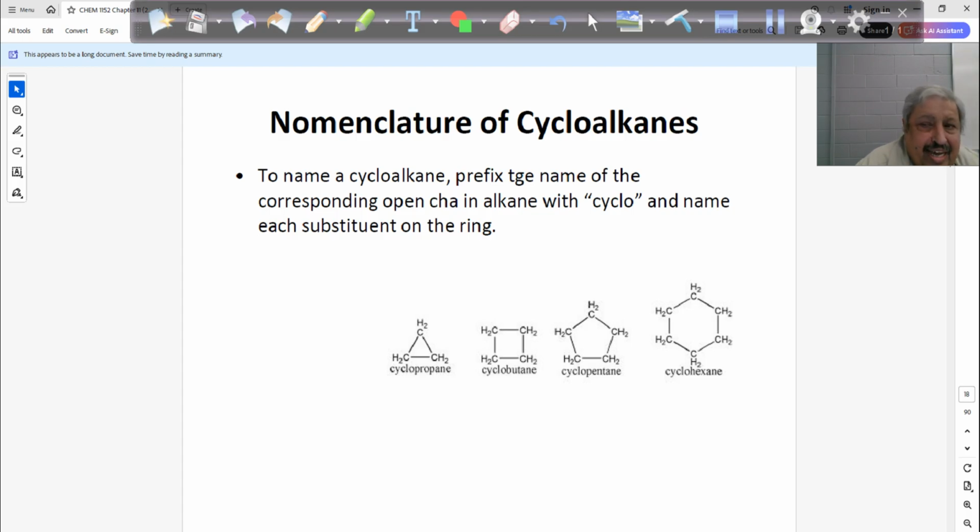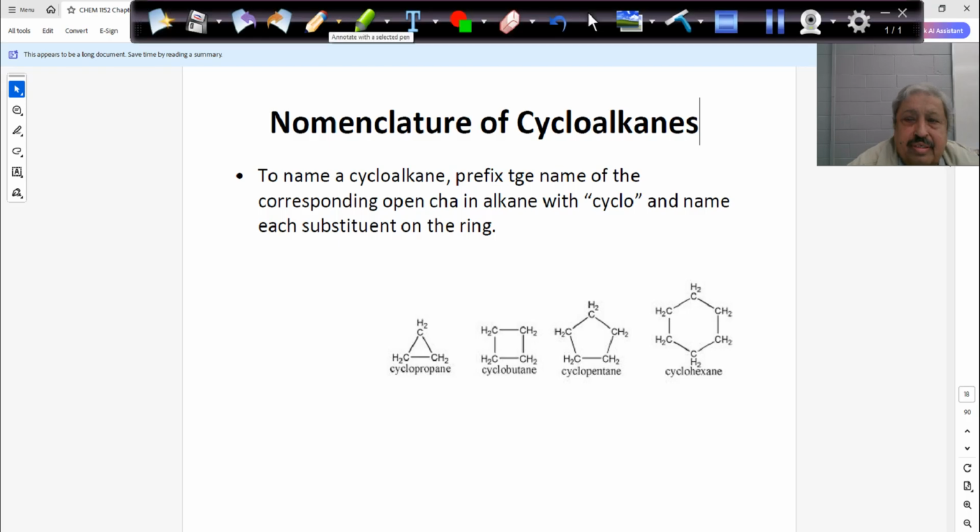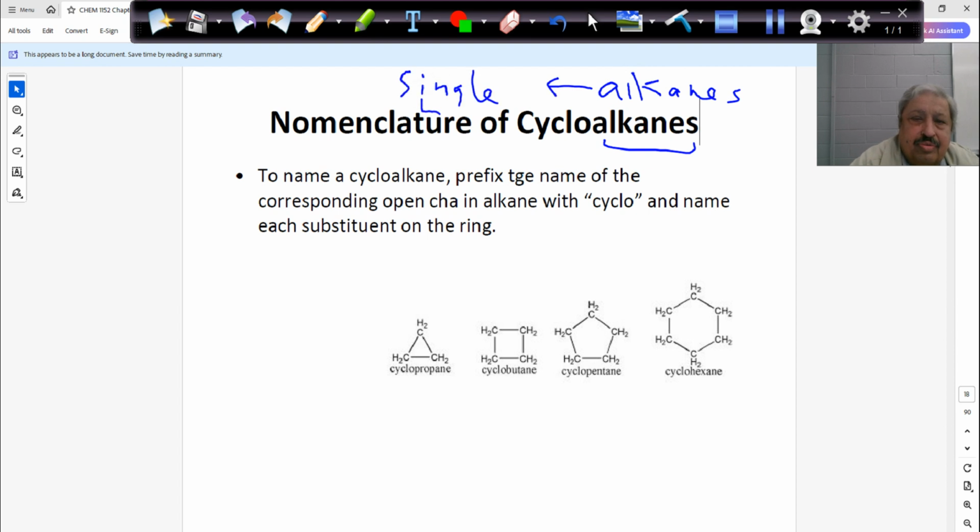So cycloalkanes means you have single bonds. All of those are alkanes, meaning single bonds.